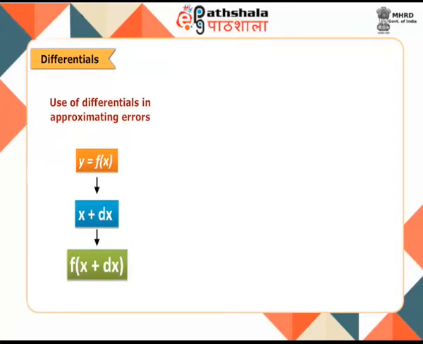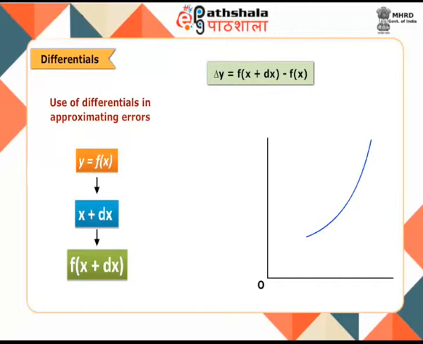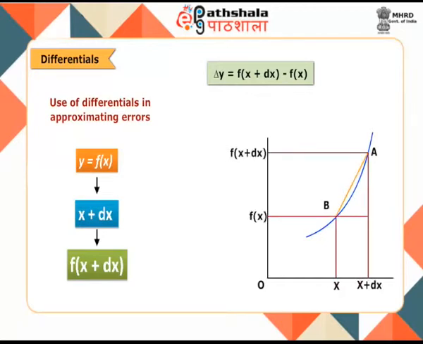Here dx denotes a small magnitude of error in measurement of x. Thus, the error in the value of a function when the independent variable is wrongly recorded as x plus dx instead of x is delta y equal to f of x plus dx minus f of x.